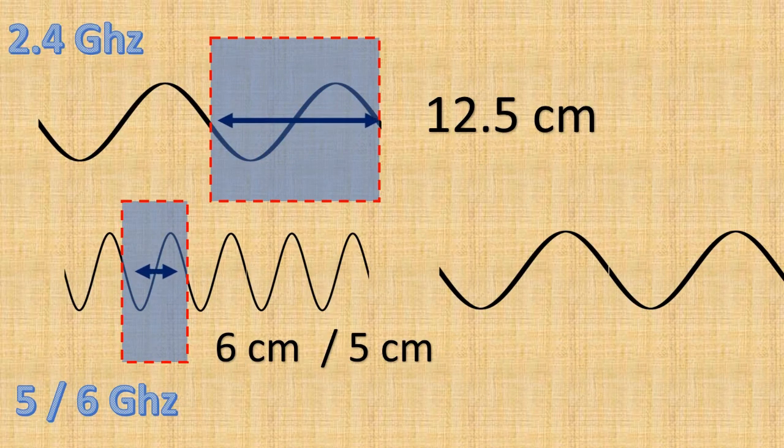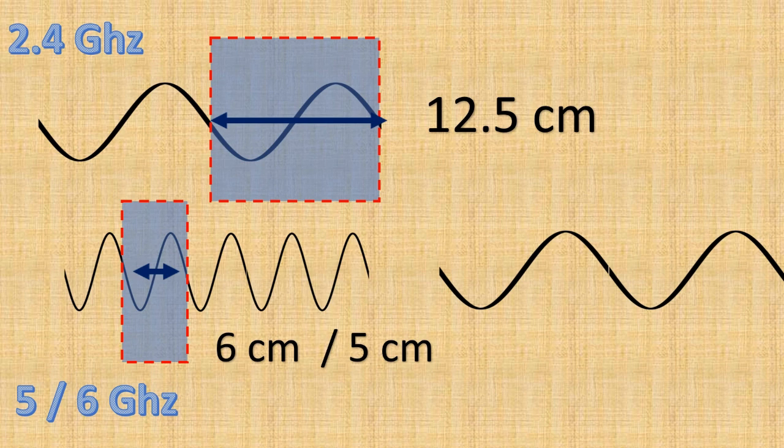The reason is the RF characteristics of an RF wave. When we have a lower frequency, we have a longer wavelength. When we have a higher frequency, we have a shorter wavelength. As you can see, the 2.4 gigahertz has a longer wavelength compared to the 5 and 6 gigahertz: 12.5 centimeters, compared to 6 centimeters for 5 gigahertz and 5 centimeters for 6 gigahertz.